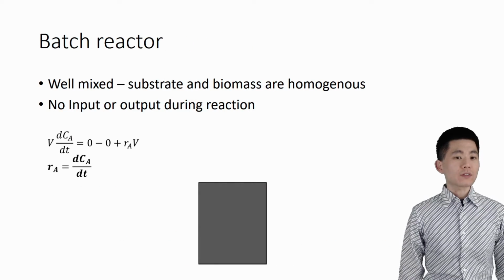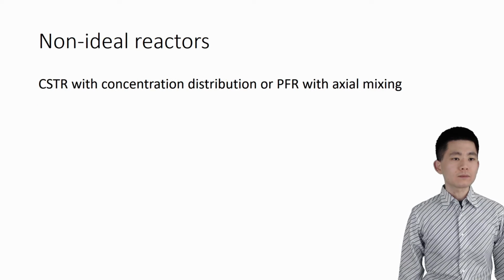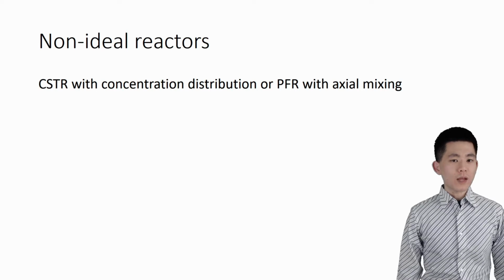The batch reactor is well mixed. The reaction occurs without feed or effluent, making this mass balance very simple. The accumulation just equals the reaction rate, which is determined by stoichiometry and kinetics. In real life, we're dealing with non-ideal reactors.